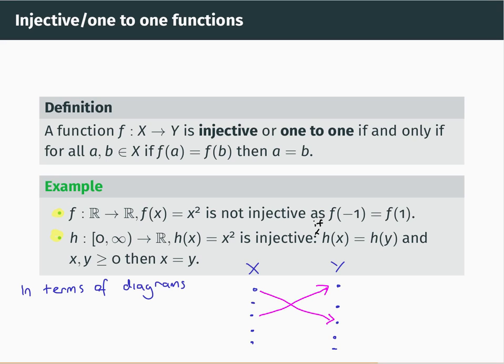And of course there has to be an arrow starting at every element of the domain. I've not finished drawing my function. I've just drawn some of the arrows. In order for it to be a function, there must be an arrow starting at every point in the domain x. But in terms of diagrams, when is a function injective? Well, can you see what the condition is in terms of arrows? Pause the video and think about it.